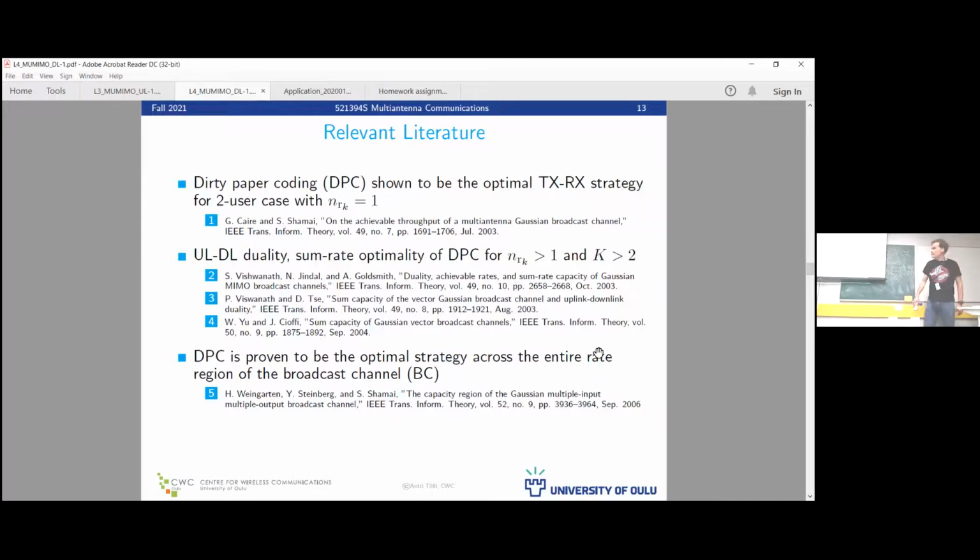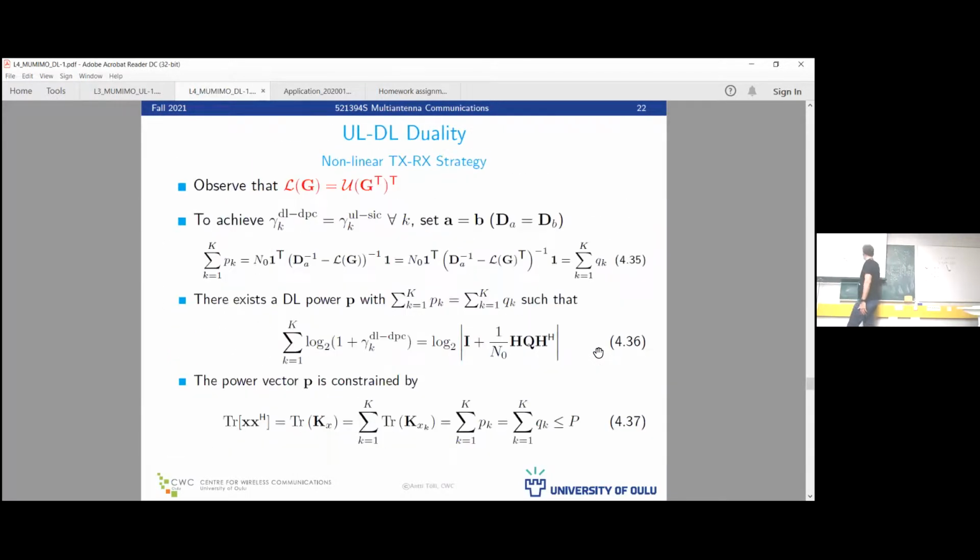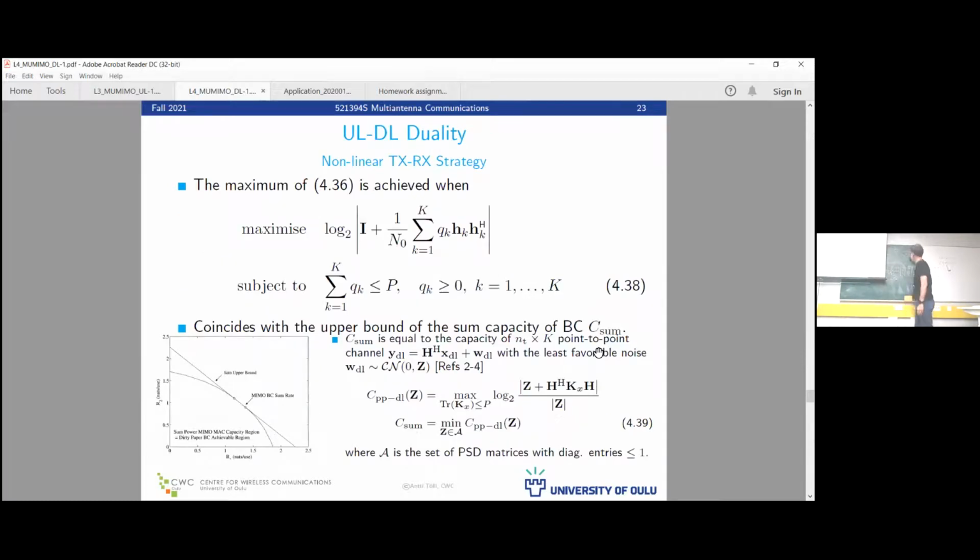All right, an interesting fact is that if we think about point to point, for example, this would be 3 by 3 MIMO, point to point MIMO, full cooperation. The interesting thing is that the C sum given here is equal to the capacity of, let's say, a 3 by 3 point to point MIMO channel with the least favorable noise.